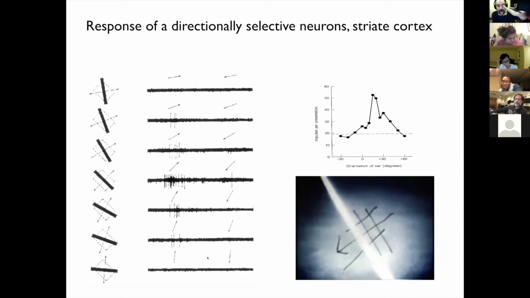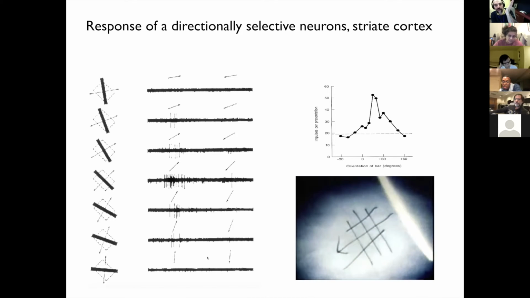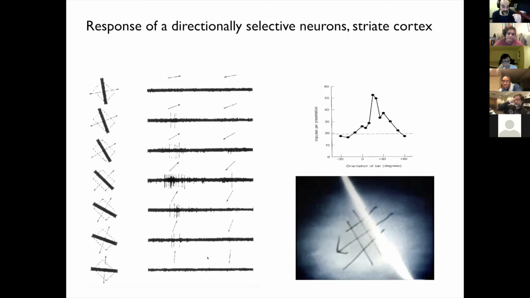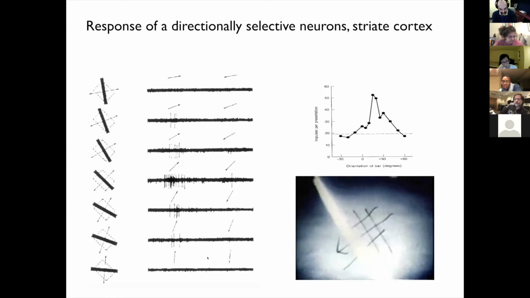So basically, the orientation sets the edge direction, and then the motion direction is always orthogonal to that, which drives the cell most. And you can actually encode motion in V1 cells in early primary visual cortex.